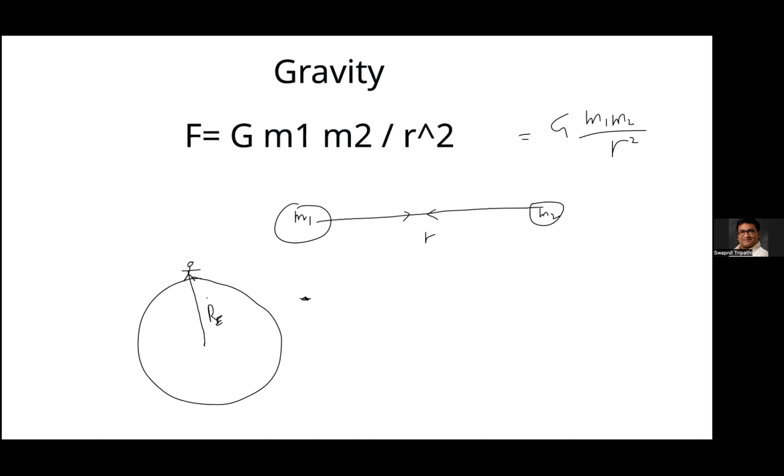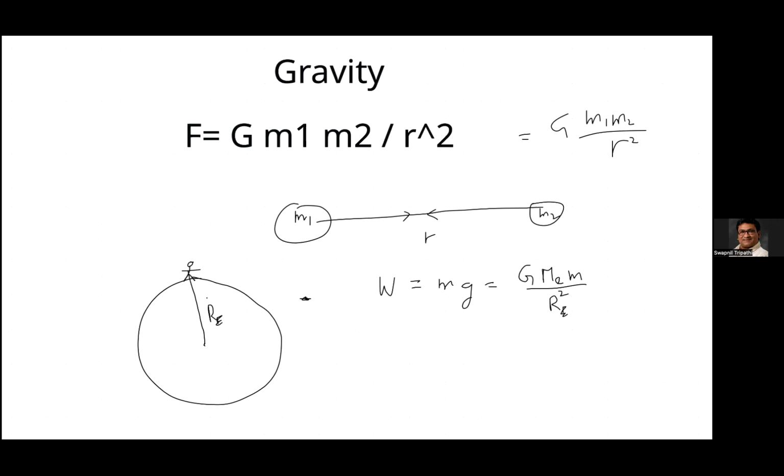Weight is equal to mg, but that is also equal to the force applied by the earth if we write it using Newton's formula: G times the mass of earth times the mass of person divided by the radius of earth squared.